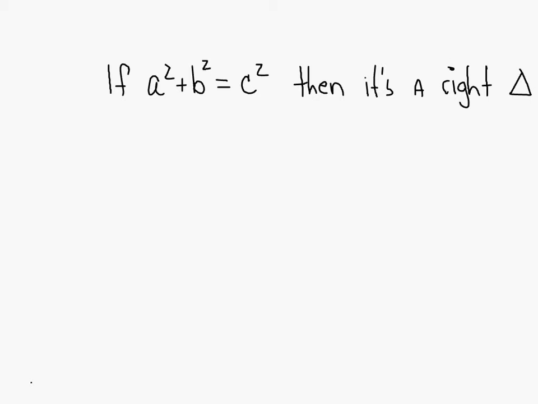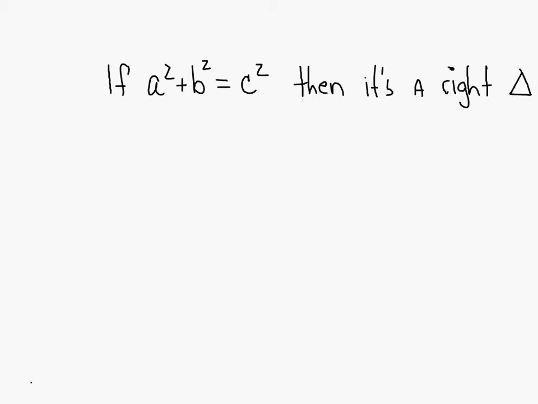That's the converse of the Pythagorean theorem. The Pythagorean theorem says for every right triangle, A squared plus B squared equals C squared. Well, if we flip the hypothesis and the conclusion, you can say that if A squared plus B squared equals C squared, then the triangle is a right triangle.